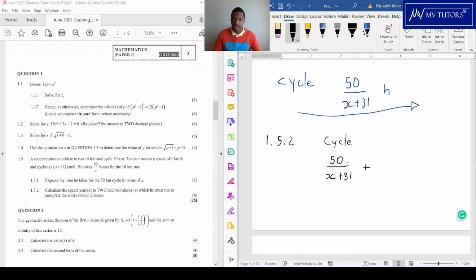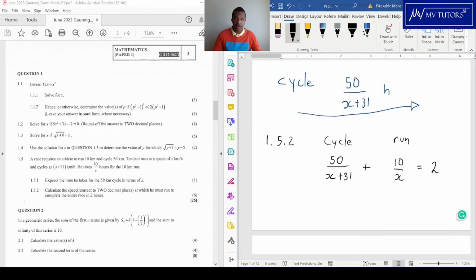Let's add the run time. Remember, he's going to run 10 kilometers. He takes 10 over x hours for the 10-kilometer run. When we combine the cycling and the running part, it must equal 2 hours. So we put the 2.